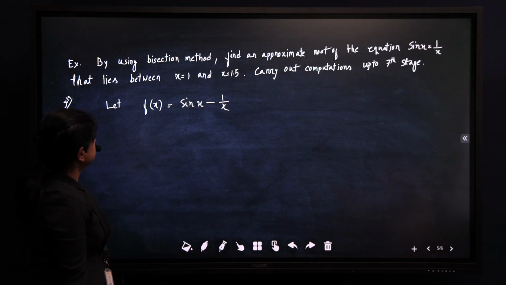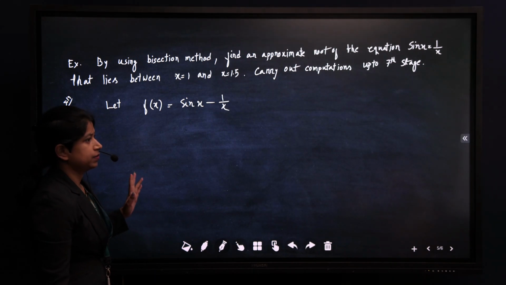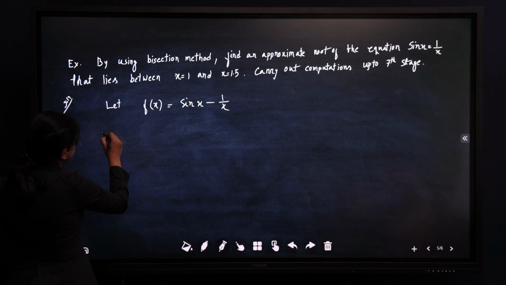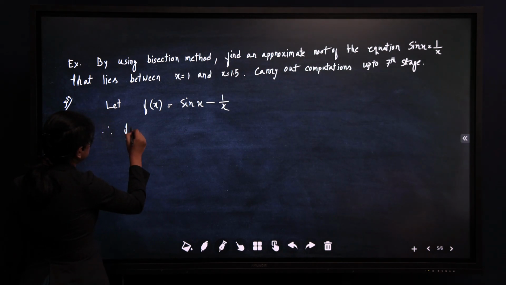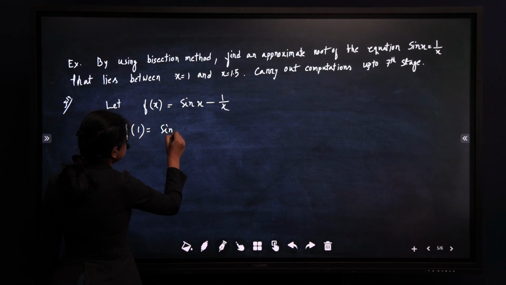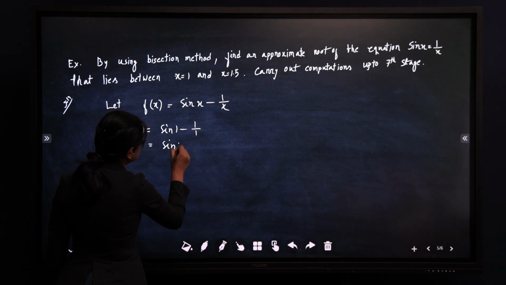So in the equation, it is given that the approximate root of the equation lies between x equal to 1 and x equal to 1.5. So therefore, what we need to write first, we need to find what is f of 1. So f of 1 will be sin 1 minus 1 by 1, that is 1 only. So sin 1 minus 1.